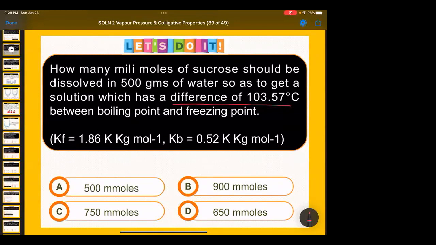Okay, let me take water, so 0 and 100 are the freezing and boiling points. We can do some basic work. So this is 100 plus delta Tb, and the freezing point is somewhere lower, lowered by delta Tf.